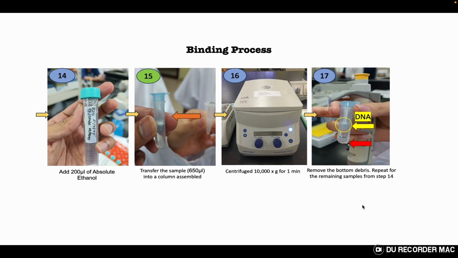Then we centrifuge at 10,000 for 1 minute, and at step 17 we remove the debris at the bottom. The debris is at the bottom and the DNA is stuck at the top, because the DNA becomes bigger when using absolute ethanol.